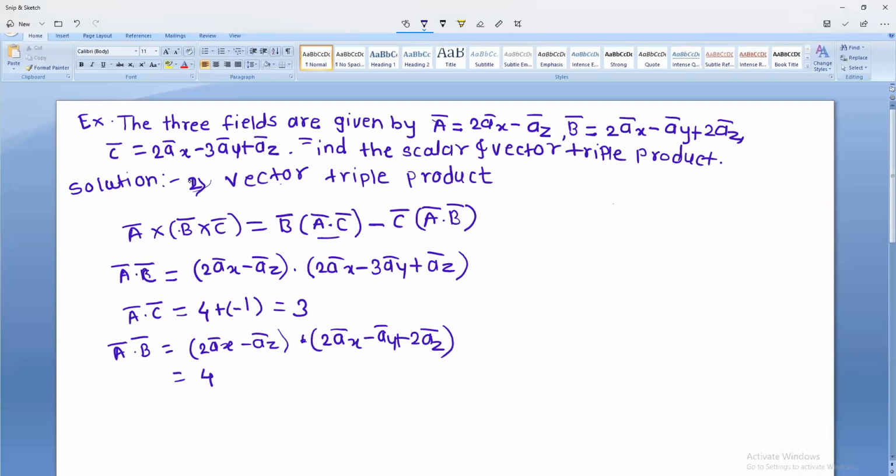Again y term is 0 here. Minus 1 into minus 2, that is plus 2. Okay. So it is equal to 2. And this is A bar dot B bar. Okay.